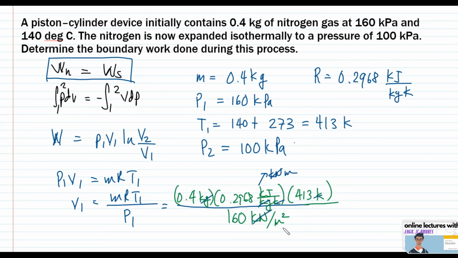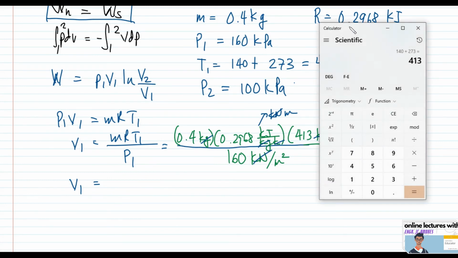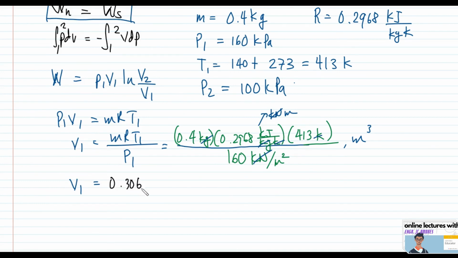So kilonewton cancels out, and the square meter will be multiplied here for a final unit of cubic meters. So V1 will be equal to 0.4 times 0.2968 times 413, then divided by 160. So the answer is 0.306 cubic meter.